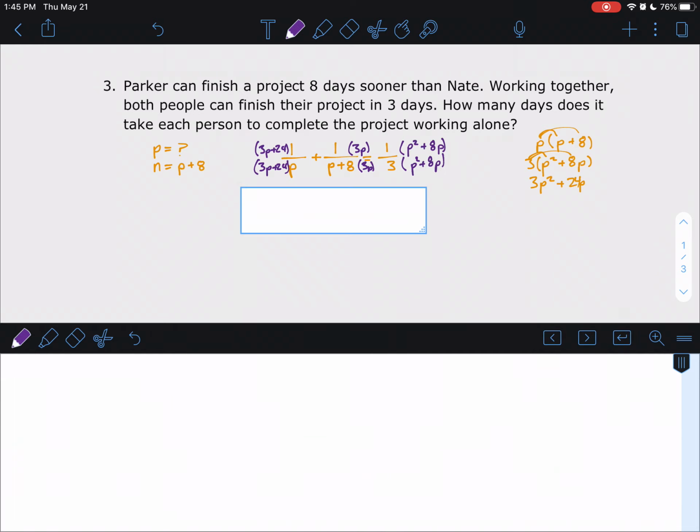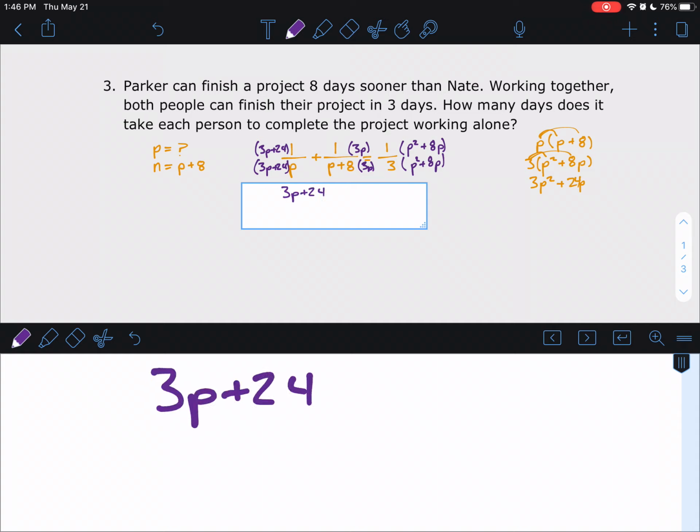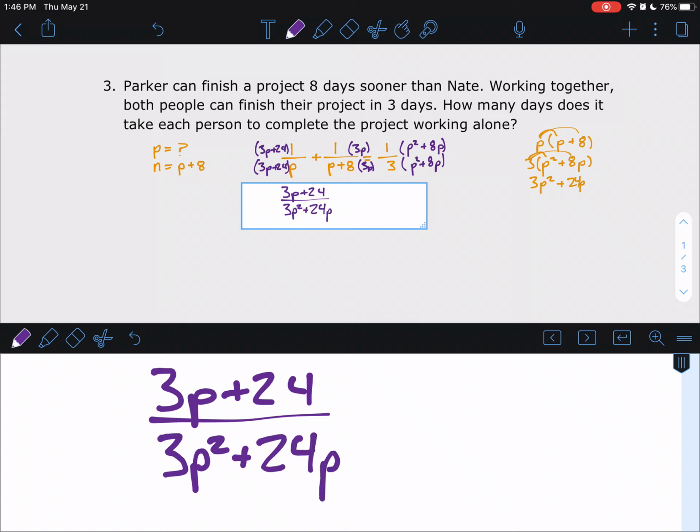So now let's figure out what our new equation is going to look like. I have 3P plus 24 times 1 is 3P plus 24 over 3P plus 24 times P, which is 3P squared plus 24P.